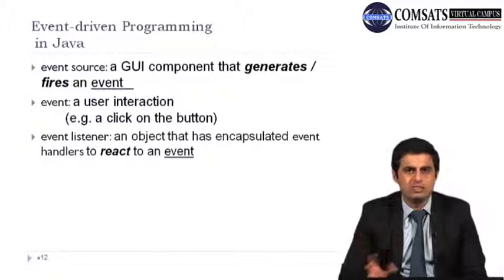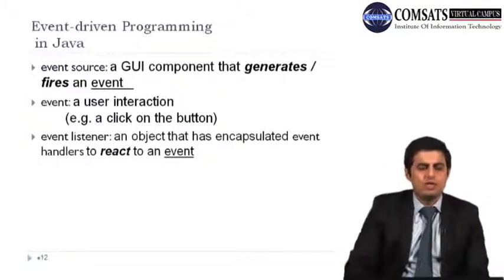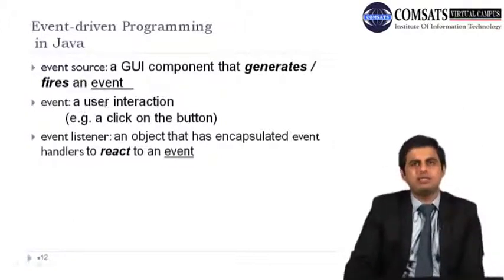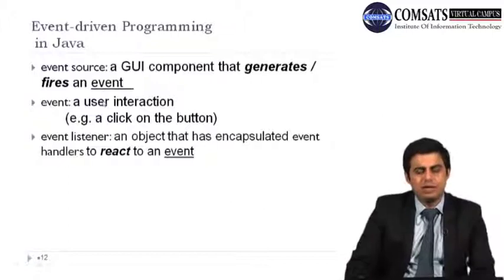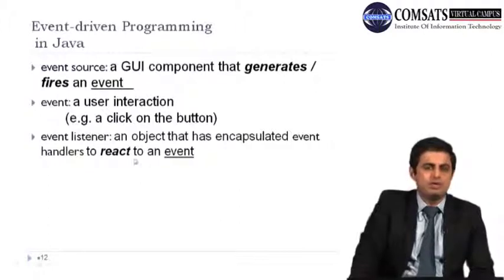You have two clicks on the mouse, right and left, and different features are attached to both. So the event will be the interaction of the user, what kind of feature the user is looking for. And an event listener is an object that has encapsulated an event handler to react to an event.